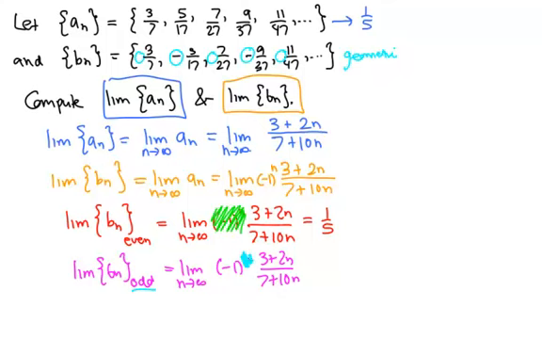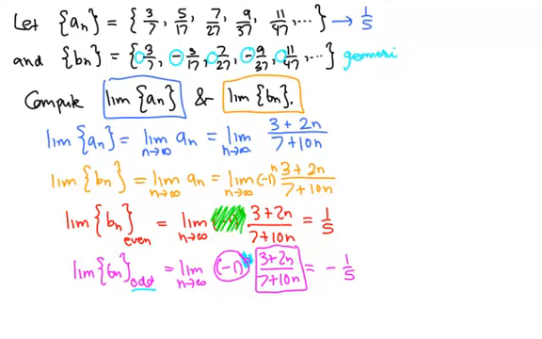And so I'm going to have the limit as n goes to infinity of negative 1 times 3 plus 2n over 7 plus 10n. And by the exact same argument as before, if we use the same underlying function that we had before, we know that that piece is going to converge to 1/5, but we're going to have this extra negative 1 floating out in front. And so it turns out that the odd terms converge to negative 1/5.